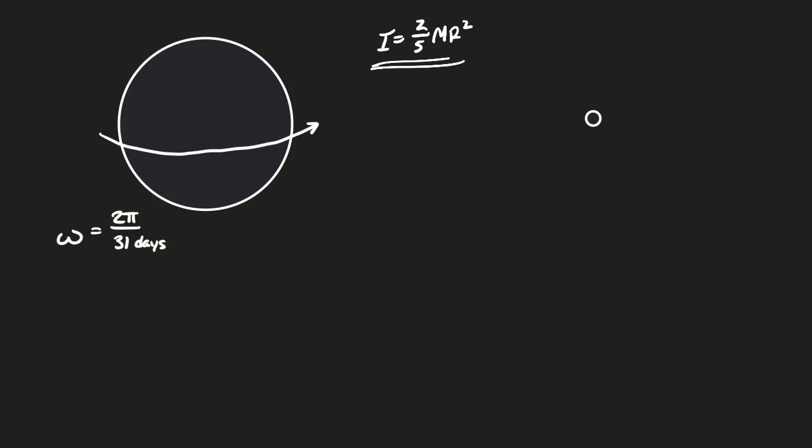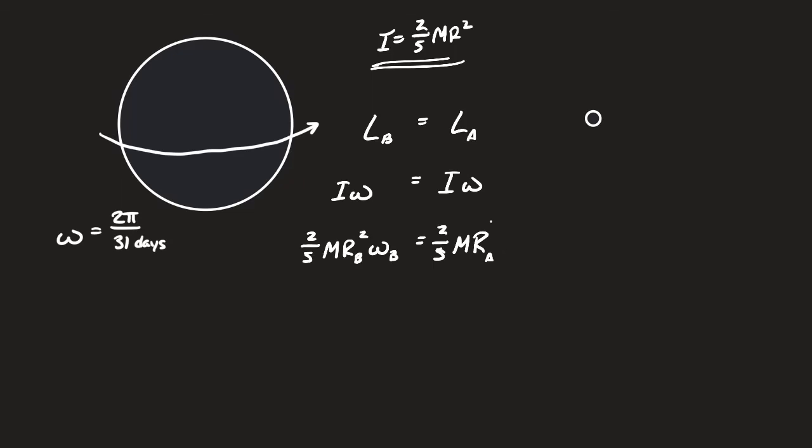And if there's no external force acting on the system, the angular momentum before is going to have to equal the angular momentum after. So, I omega before has to equal I omega after, which means 2/5 m r before squared times omega before has to equal 2/5 m r after squared times omega after.